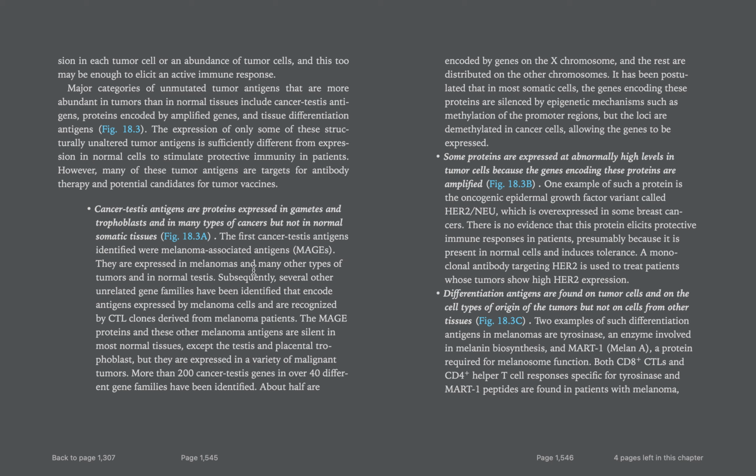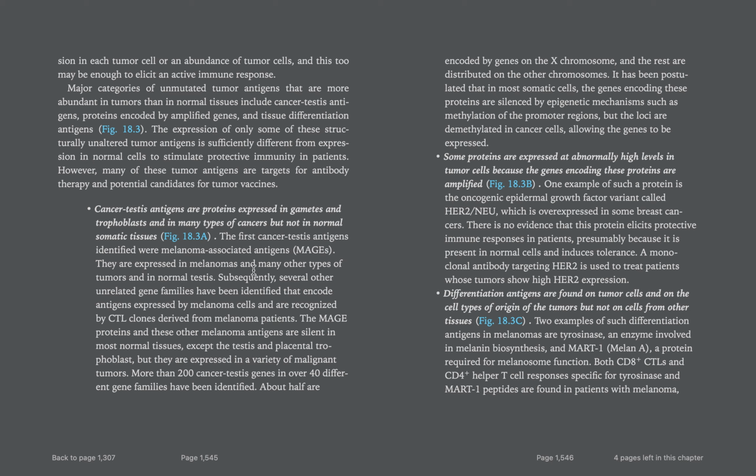The MAGE, melanoma-associated antigen, proteins and these other melanoma antigens are silent in most normal tissues, except the testes and placental trophoblasts, but they are expressed in a variety of malignant tumors. More than 200 cancer testis genes in over 40 different gene families have been identified.